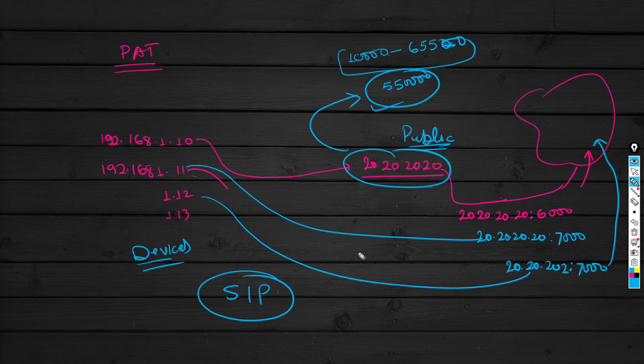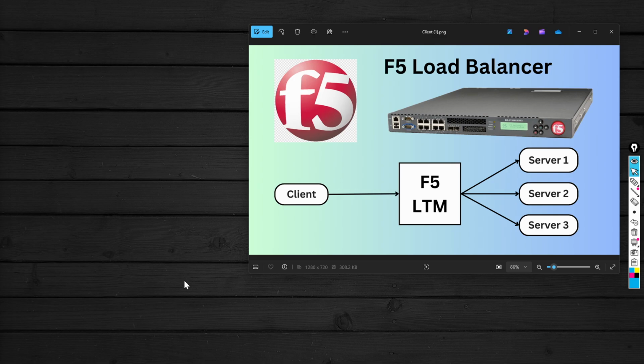Okay, so if I go back to the image, whatever I was showing you at the beginning, right? This image. Now, if your traffic is coming from here, let's suppose your IP address is 20.20.20 with some port number 6000, right? And you were accessing something on the F5. Let's suppose you were coming to my organization, like Sapiem Security or Fresh Developer, any of them.